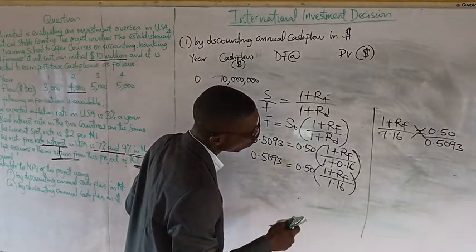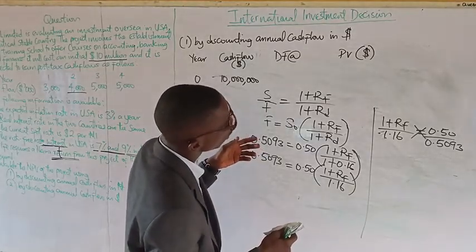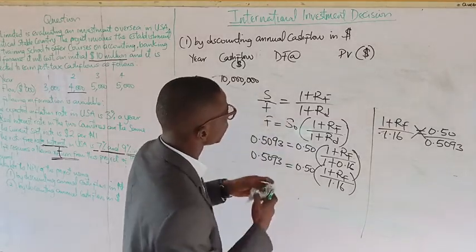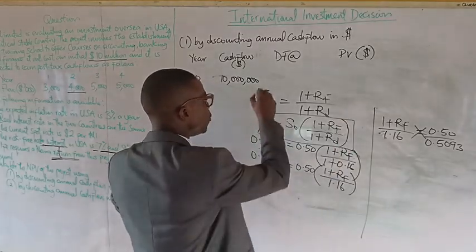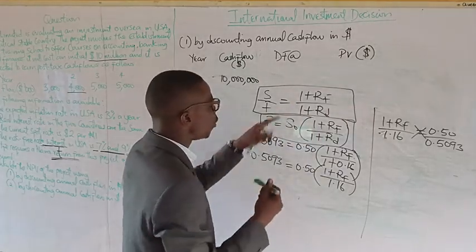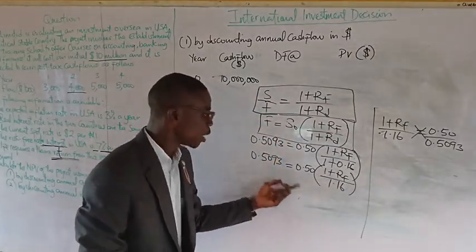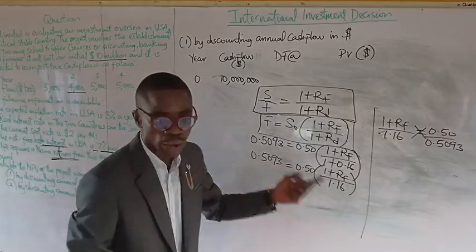Do you understand what I just said? This formula and the other one, especially when you are deriving the interest rate, are the same. But this one will be easier for you to quickly manipulate than the other, where you need to divide both sides by 0.50 and multiply.